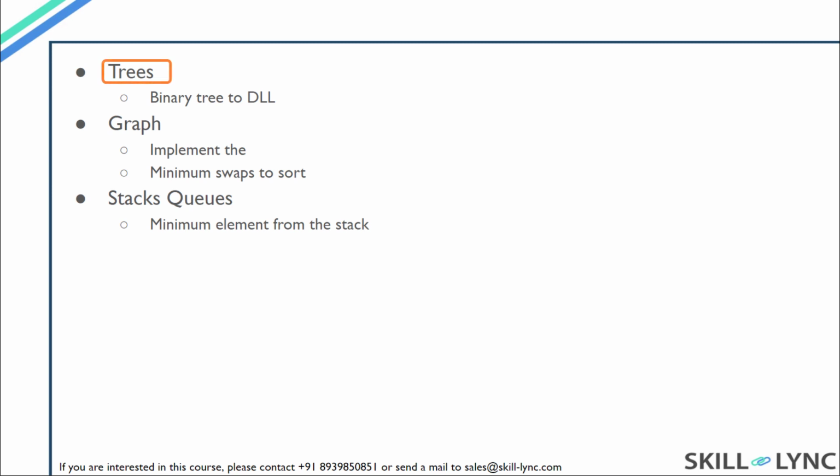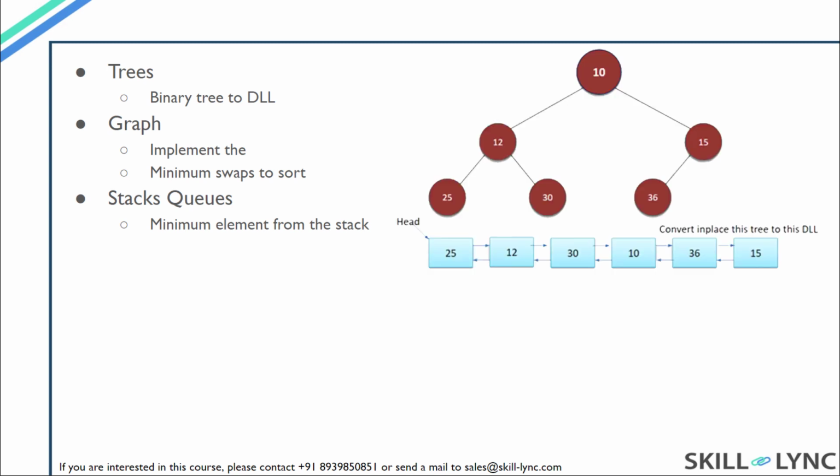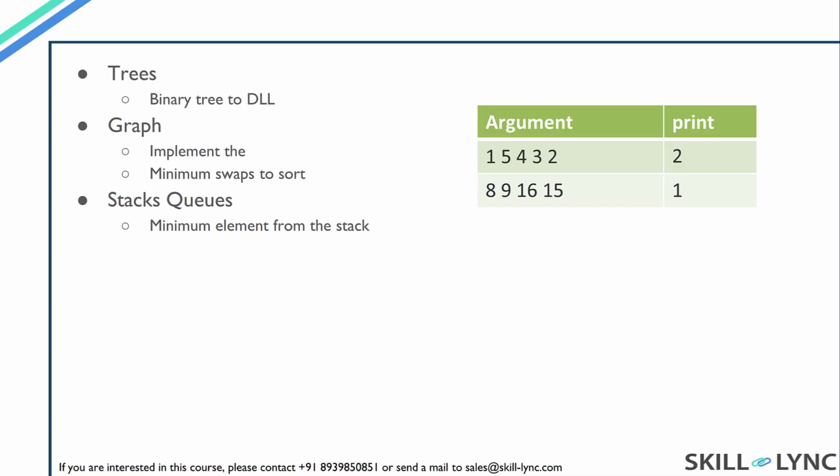A tree is a data structure where the objects are arranged in hierarchical relationships. Regarding this concept, you will be required to convert this binary tree to a DLL, which is also known as a doubly linked list. Regarding the data structure called graph, you will be required to identify the minimum number of swaps to sort the array into a non-decreasing order.